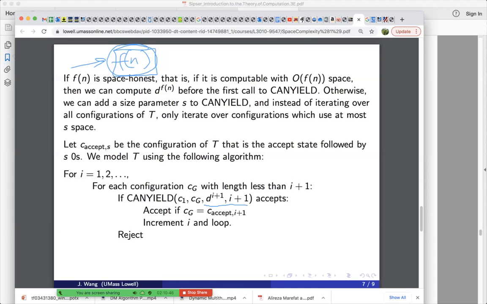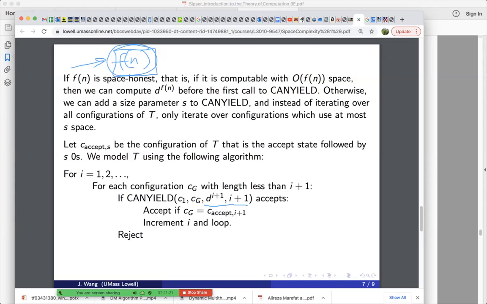So if we can go to CG from C1 in d to the i plus 1 steps, which is deterministic time within i plus 1 space, and if this is true, then we accept if this CG is actually equal to C accept comma i plus 1, again using i plus 1 space.